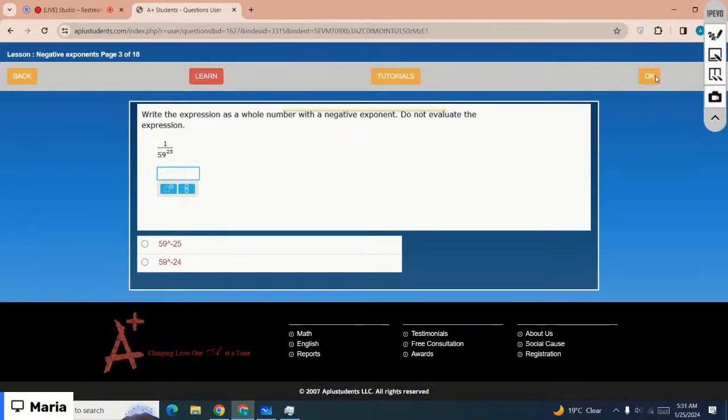Write the expression as a whole number with a negative exponent. So which is the correct option?